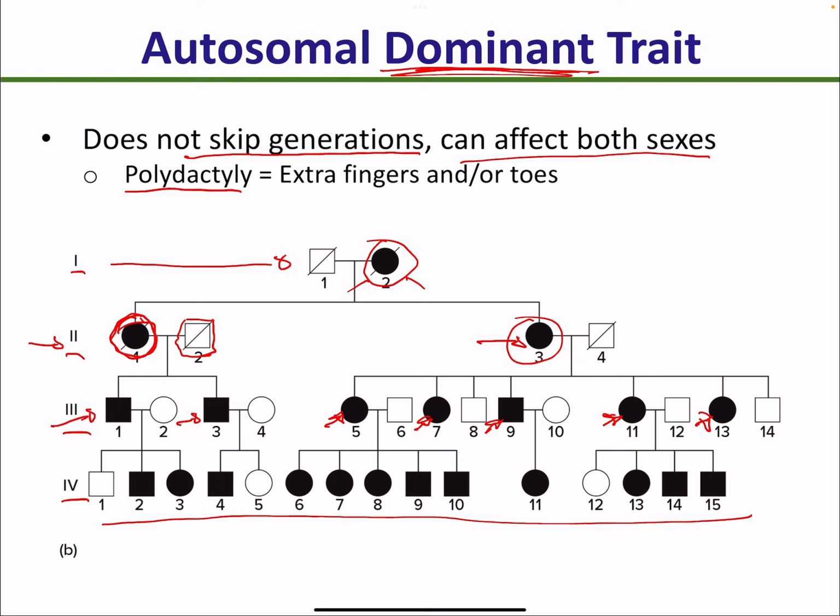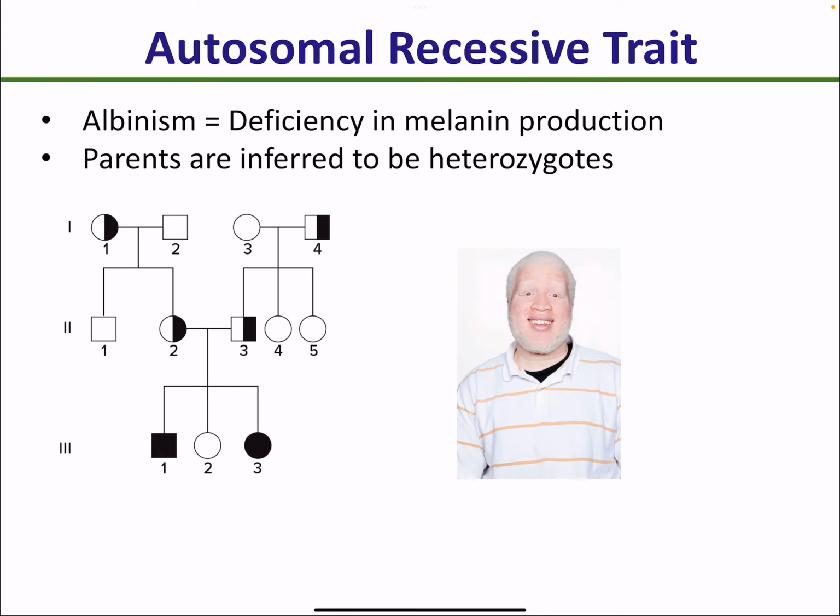But for recessive autosomal traits, the story is different, because in spite of the fact that male and female have equal chance of being affected, however, one generation can be skipped, right? Can be, not systematically, but can be skipped. This is the case, for instance, of albinism.